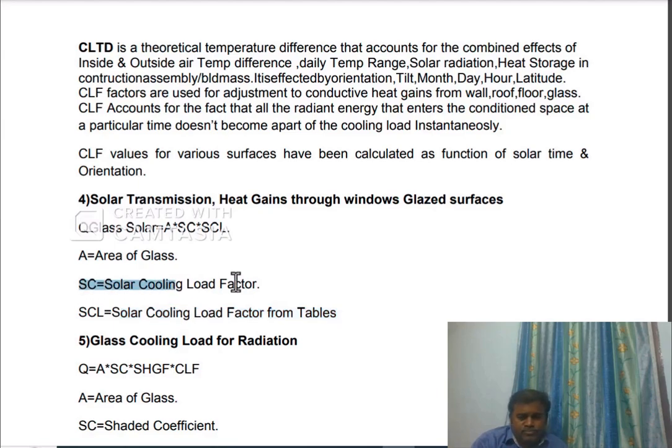You can take the other value as 1 and take these values from the tables, and you can measure the area of glass. You can get the solar transmission as well as the heat gains through the window glazed surfaces.